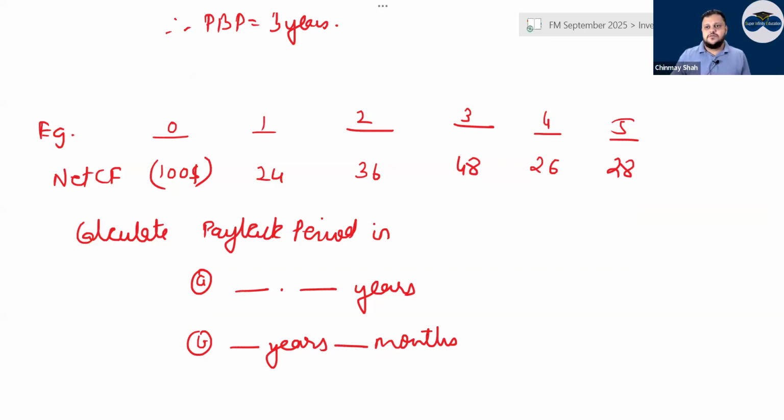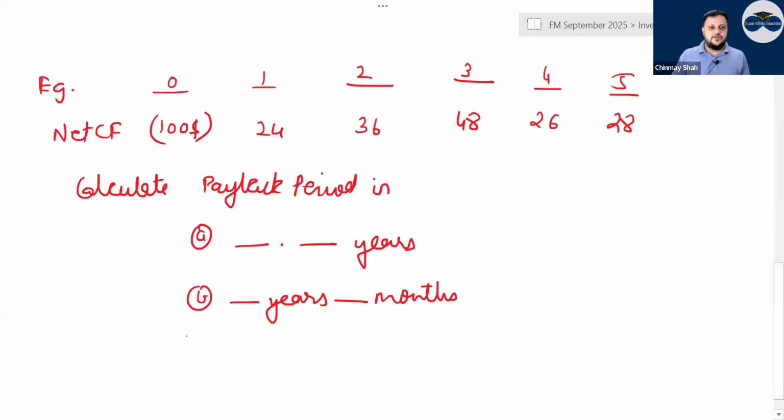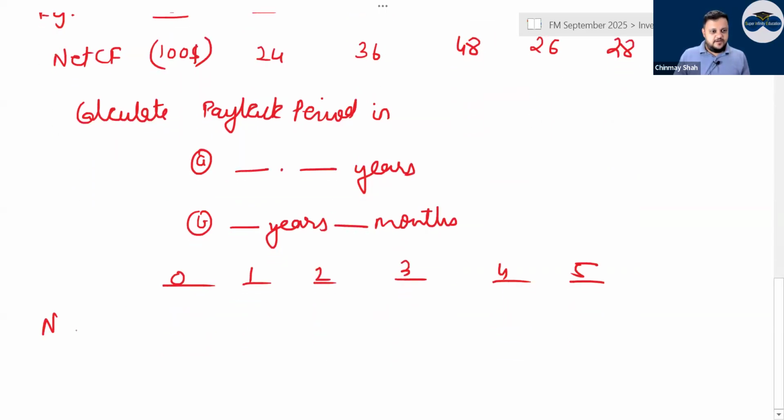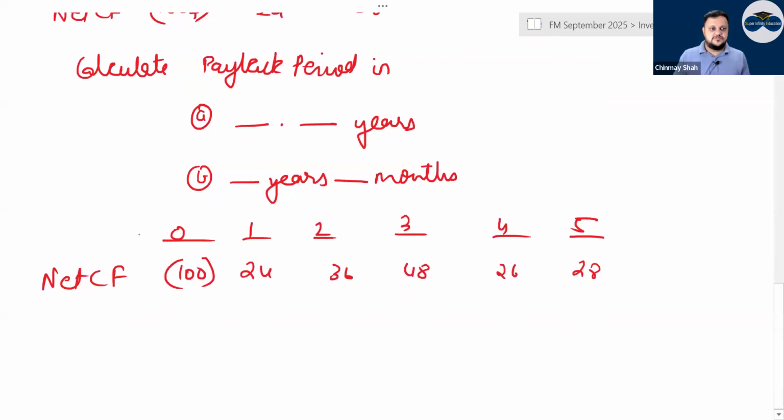Method: net cash flow, and then cumulative cash flow. Cumulative cash flow starts at -100.